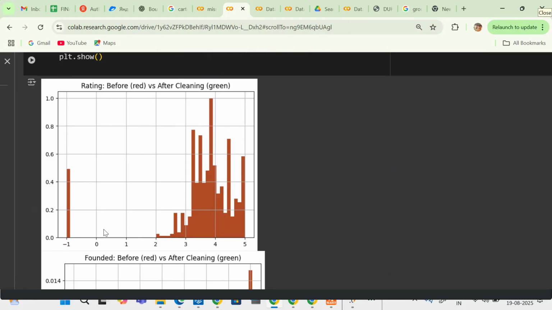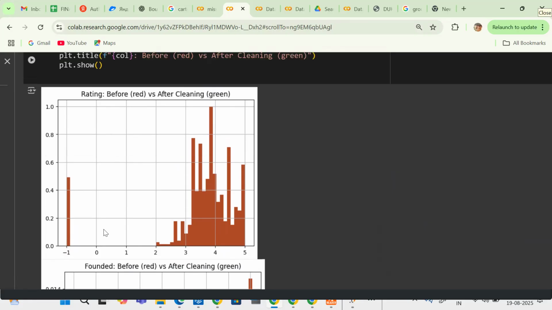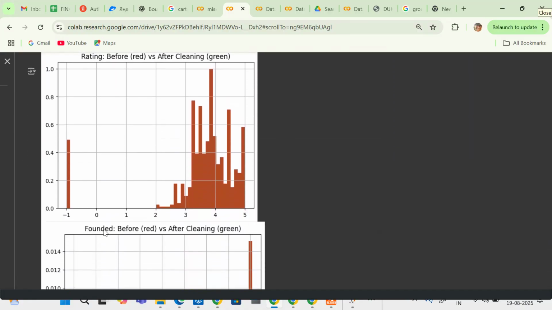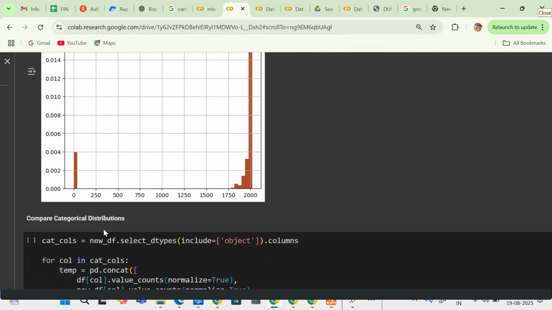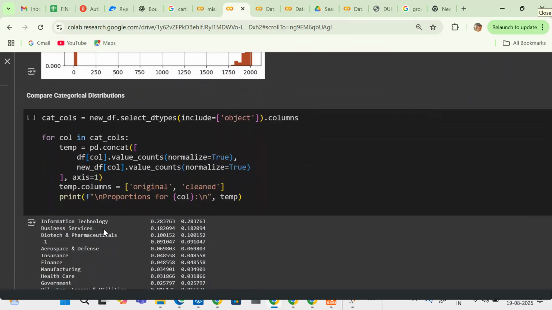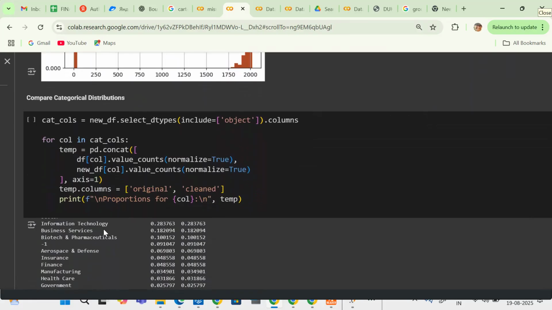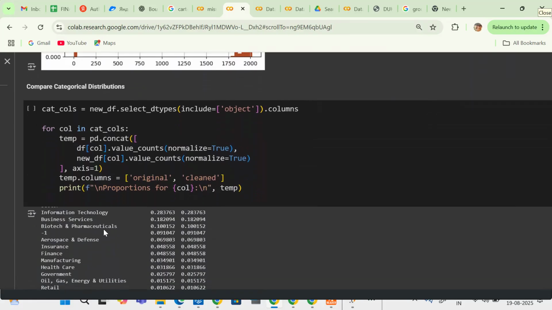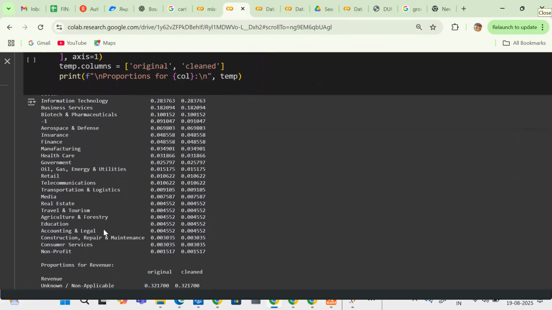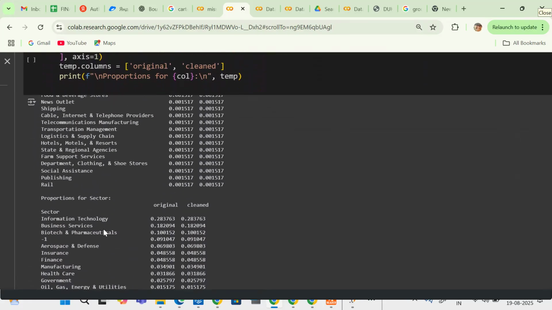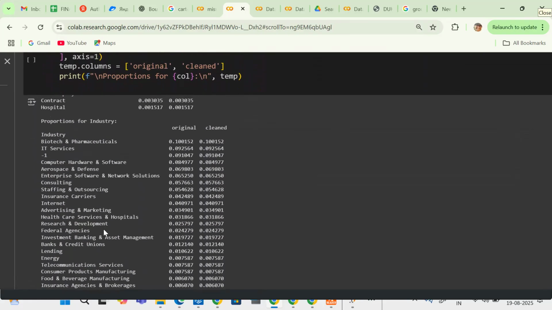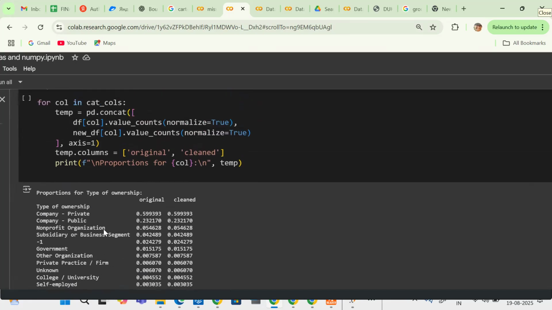Here both the red distribution and the green distribution, that means after CCA and before CCA, are merging with each other. Fine. So I hope that is clear to you.